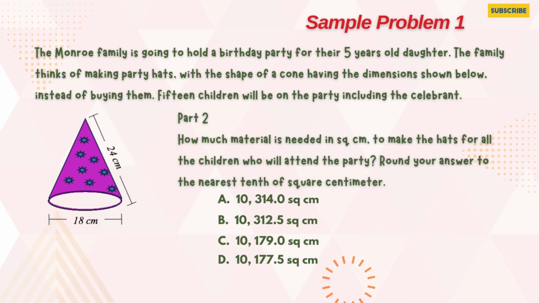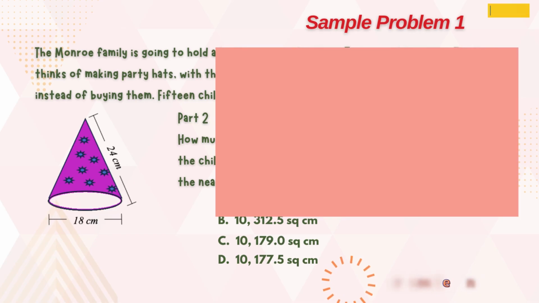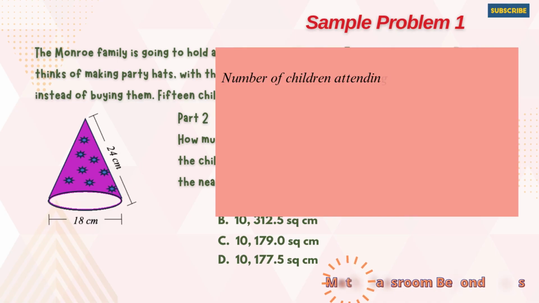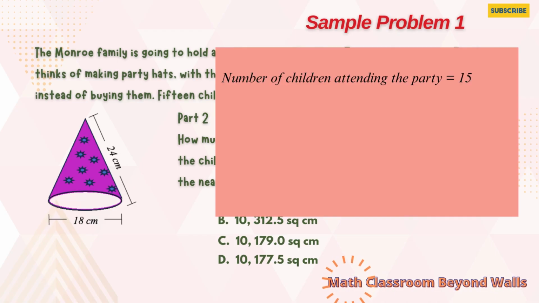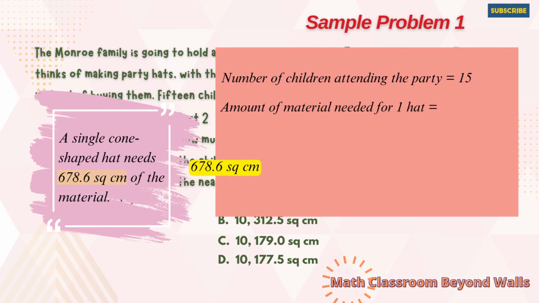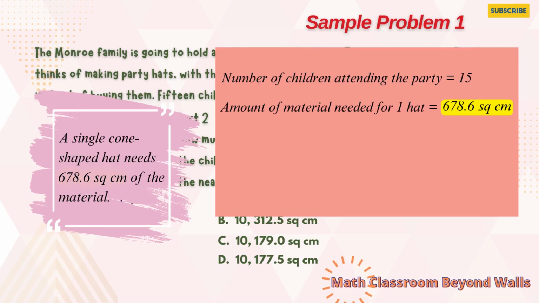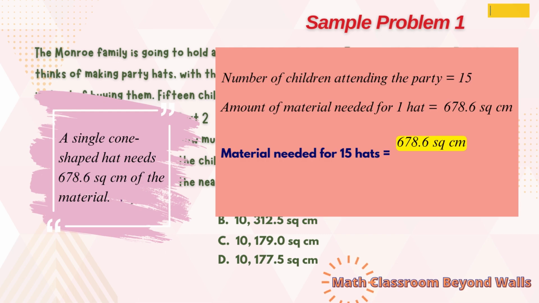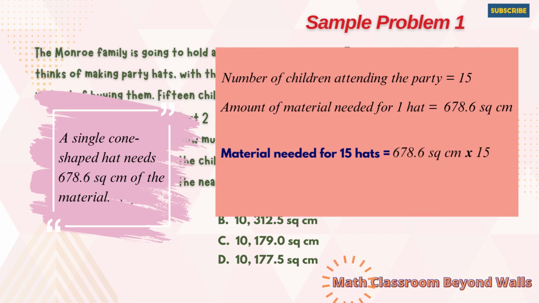Okay, let us move on to part 2. The problem tells us that 15 children will be attending the party. So the Monroe family has to make 15 hats. From part 1, we found that the material needed to make a single hat is 678.6 square centimeters. Thus, the amount of material needed for 15 hats is 678.6 square centimeters times 15.